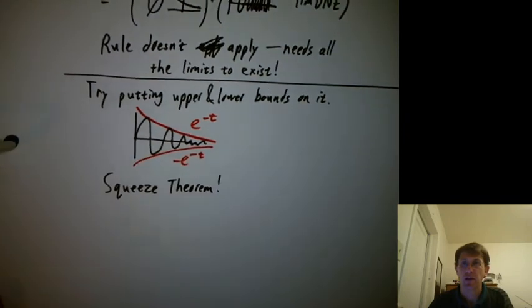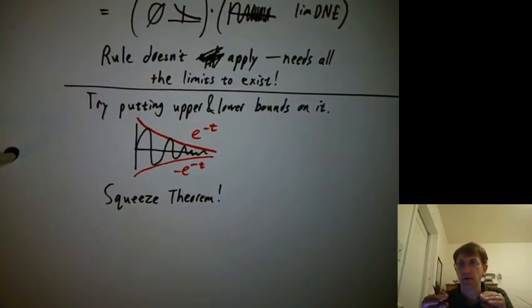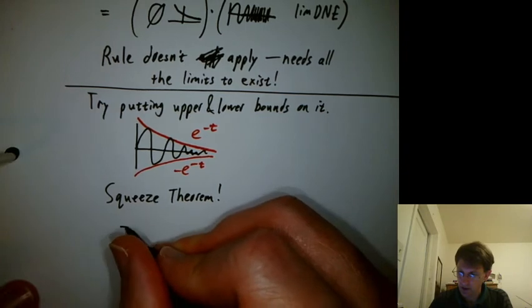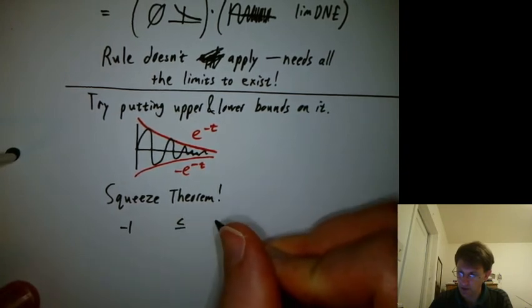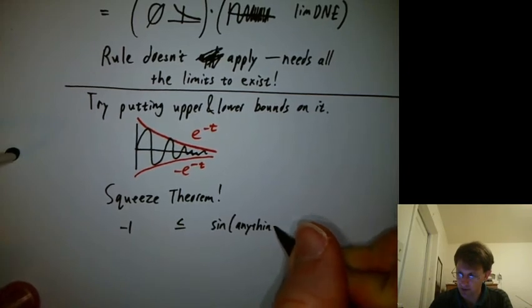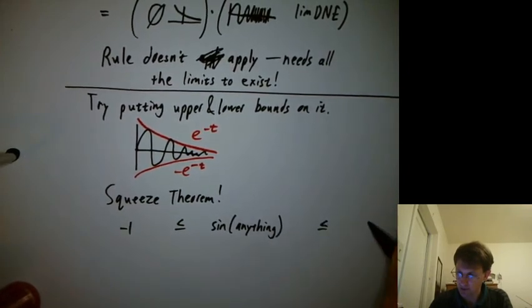So remember how we set that up. Make a statement about something that's fairly obvious and everyone believes is true and is fairly simple, and then make it more complicated as we go along. So we could say -1 is less than or equal to sine of anything is less than or equal to 1.